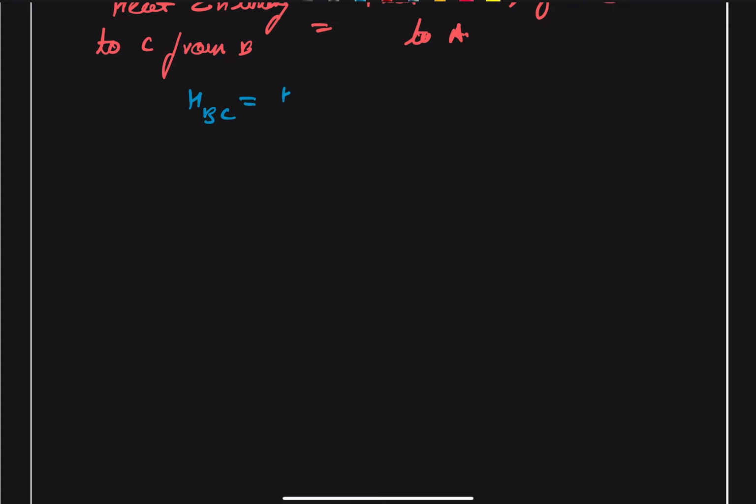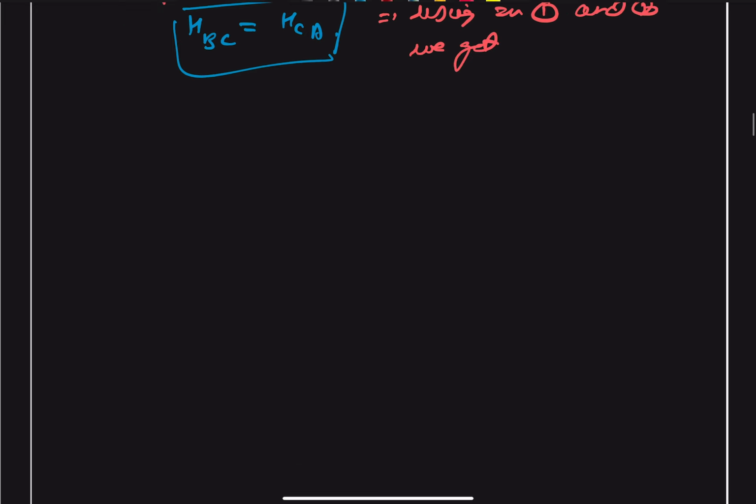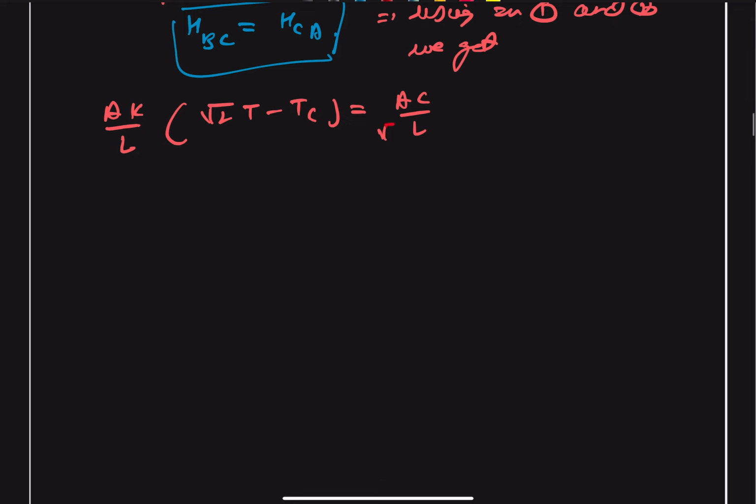So now using equations 1 and 2, we substitute: AK upon L times (square root of 2 T minus TC) is equal to AK upon L times square root of 2, times (TC minus T).